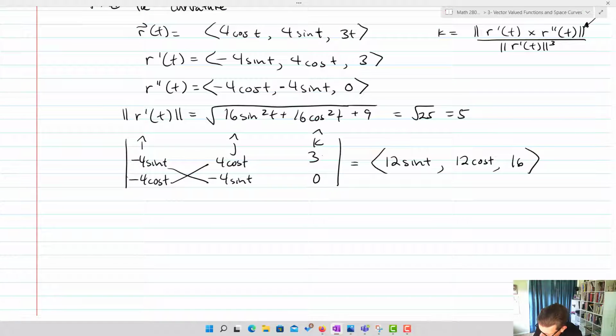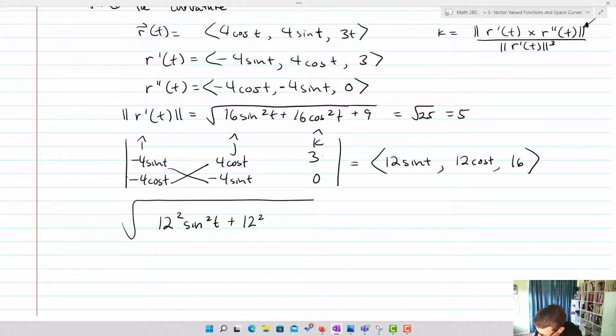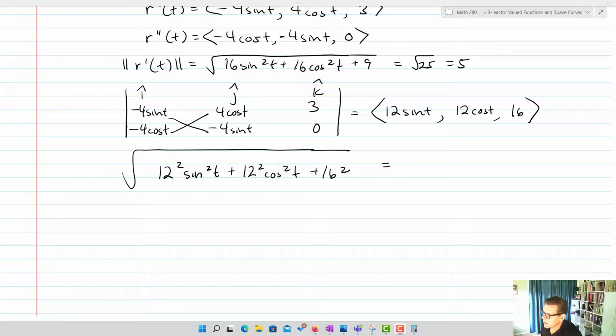The magnitude of this is going to be the square root of 12 squared sine squared t plus 12 squared cosine squared t plus 16 squared, which equals the square root of 400, which equals 20.